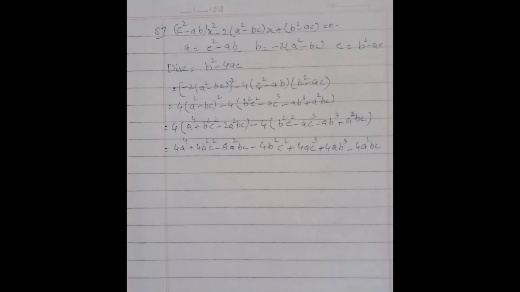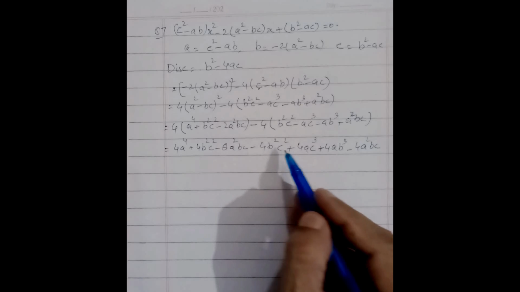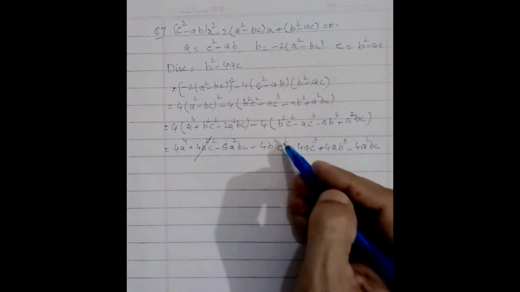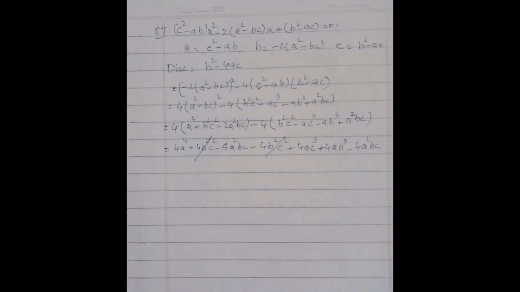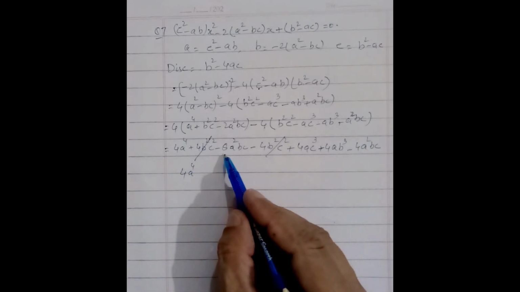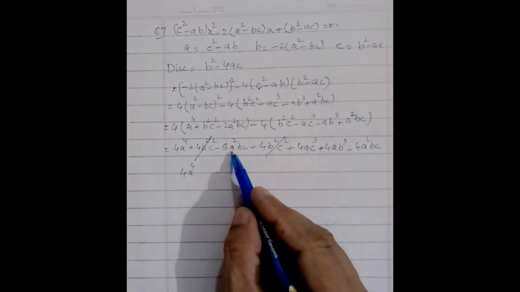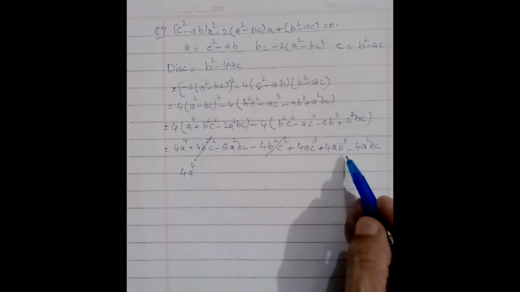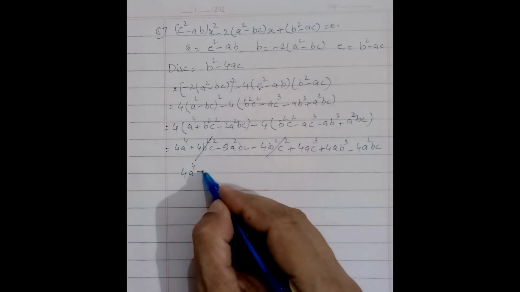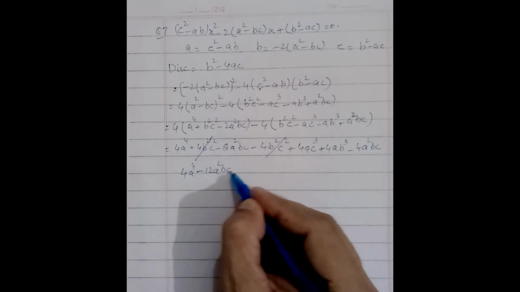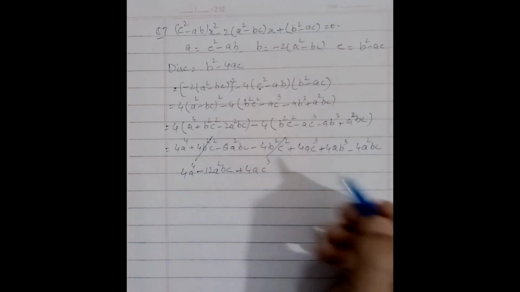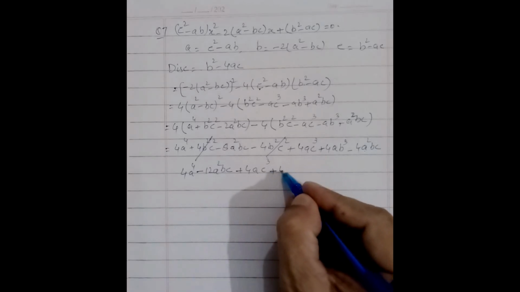Now we simplify these values: minus 4b²c² cancels with plus 4b²c². The remaining values are 4a⁴, this is −8a²bc and this is −4a²bc. When we add both values we get −12a²bc, and the remaining values are plus 4ac³ plus 4ab³.